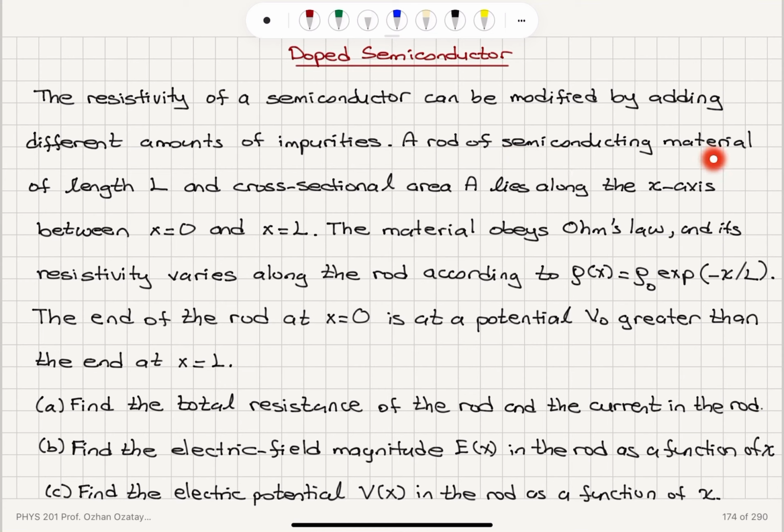A rod of semiconducting material of length capital L and cross-sectional area capital A lies along the x-axis between x equals 0 and x equals capital L. The material obeys Ohm's law and its resistivity varies along the rod according to rho of x equals rho 0 exponential minus x over capital L. The end of the rod at x equals 0 is at a potential V0 greater than the end at x equals capital L. Part A, find the total resistance of the rod and the current in the rod.